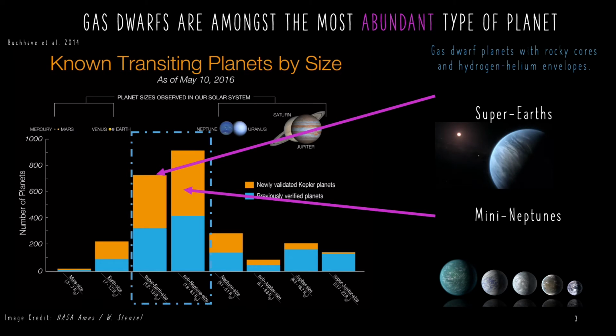So gas dwarfs are among the most abundant type of planet. This is the type of planet that my research focuses on.